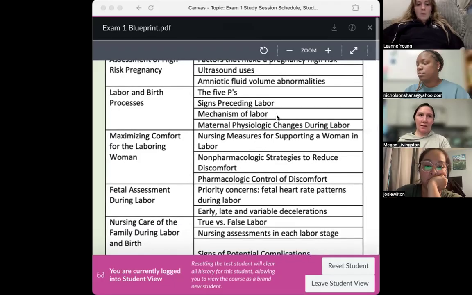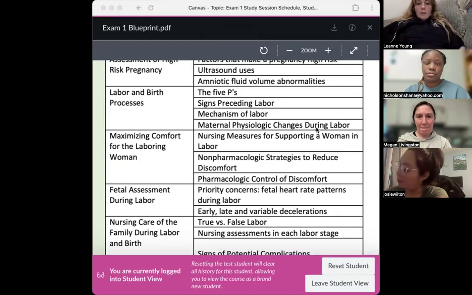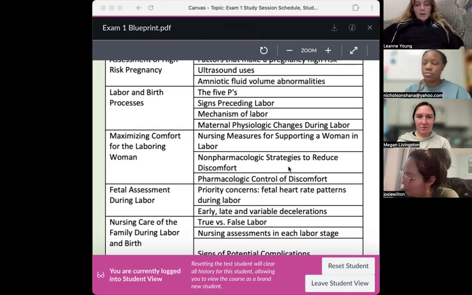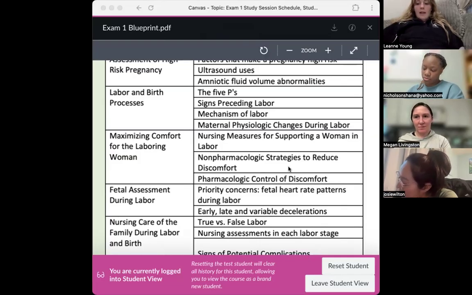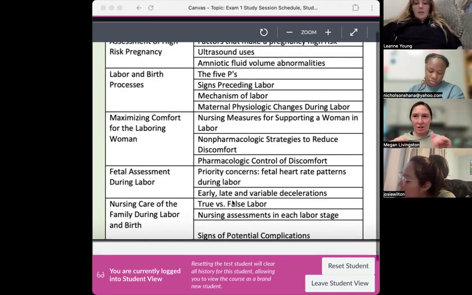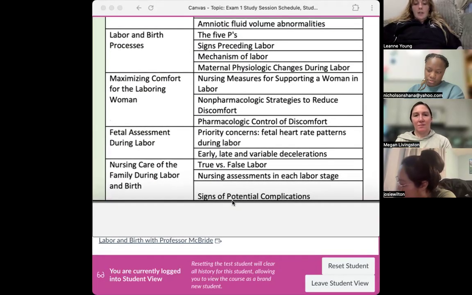You guys should also know, like we talked about our cardinal movements. Non-pharmacologic strategies to reduce discomfort, like gate control theory, like providing counter pressure to mom's lower back. Fetal heart rate patterns during labor, early and late variable decelerations.